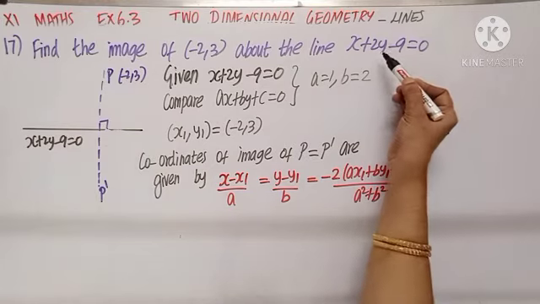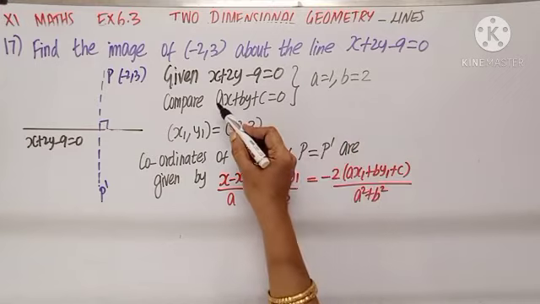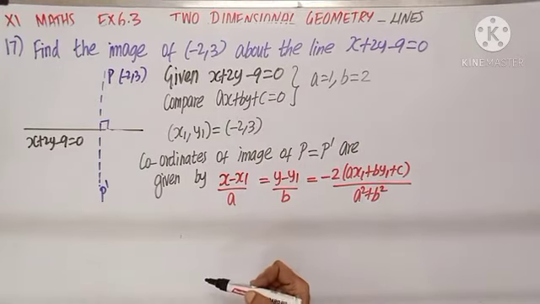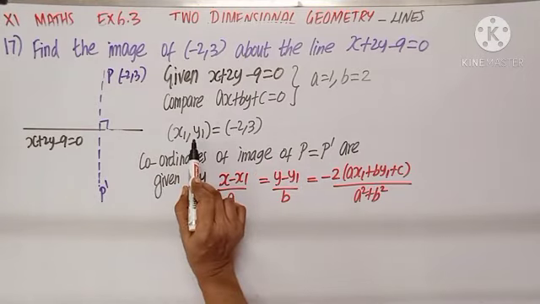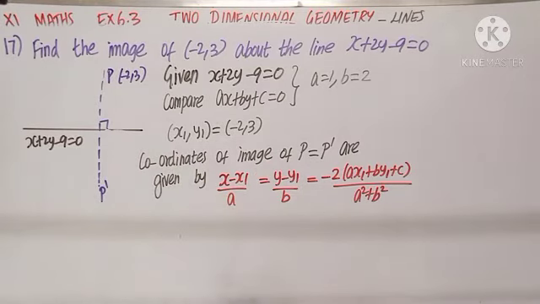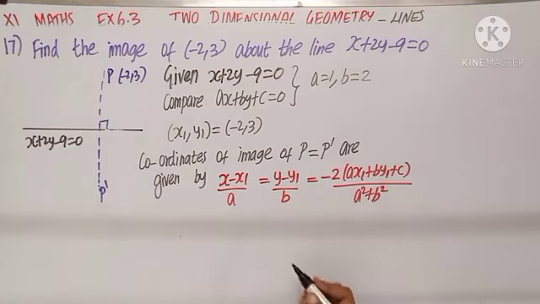The given line, compare with ax plus by plus c equal to 0. A is 1, b is 2. The point given, minus 2, 3, let us take as x1, y1. To find the image of P, call it P dash, which is obtained using this.